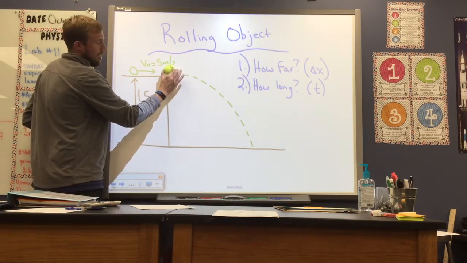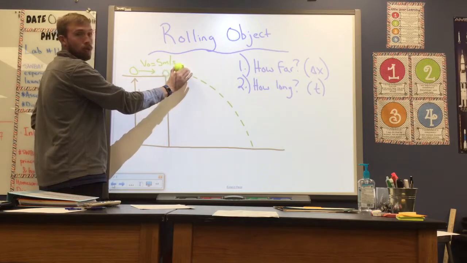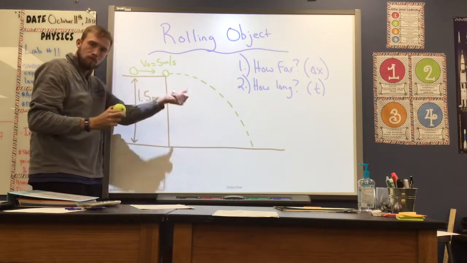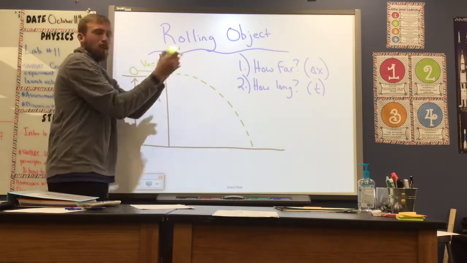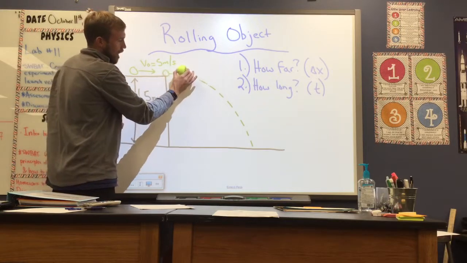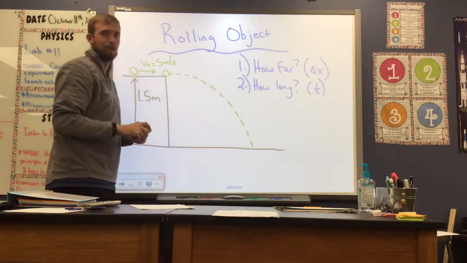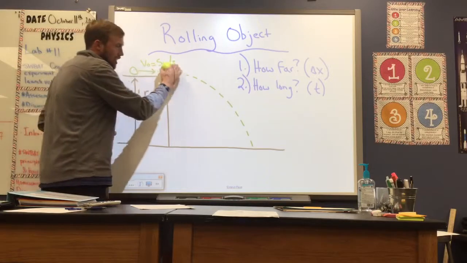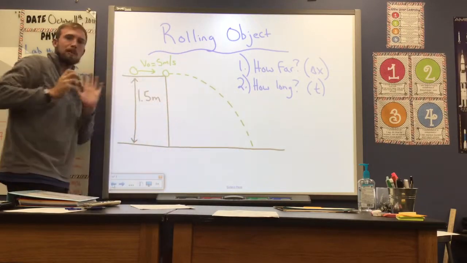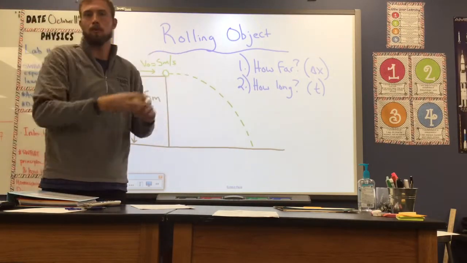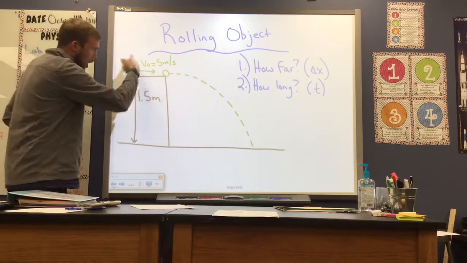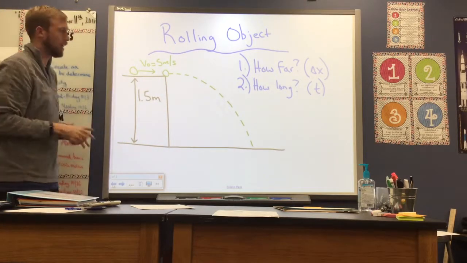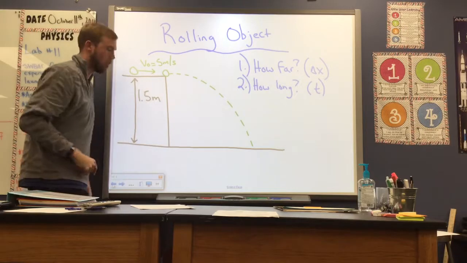But initially, that's only going in the horizontal direction. Then, just briefly after it falls off the edge, gravity is going to start to have an effect and pull that object downward. But as we talked about, velocity in the x direction is still going to be essentially moving that object forward. So this velocity initially, 5 meters per second, you'll notice, is all horizontal.